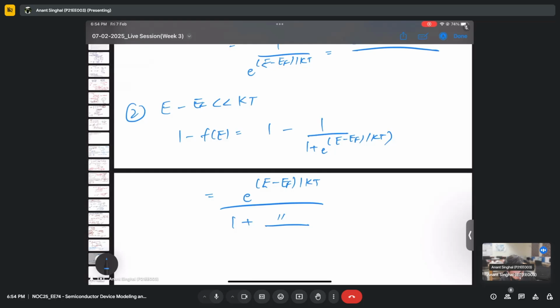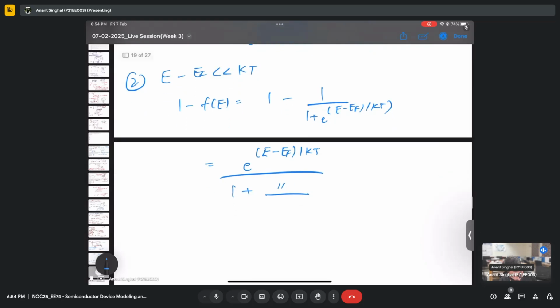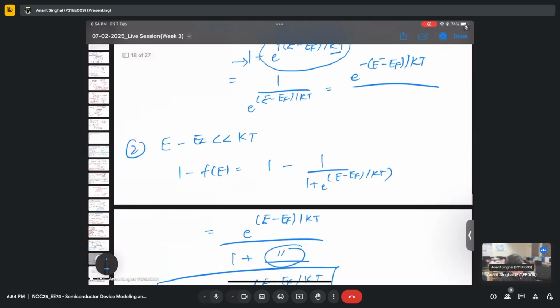Since this is very small compared to 1 in the denominator, 1 minus Fe will be exponential of E minus EF over KT. Make sense? Any doubts here?